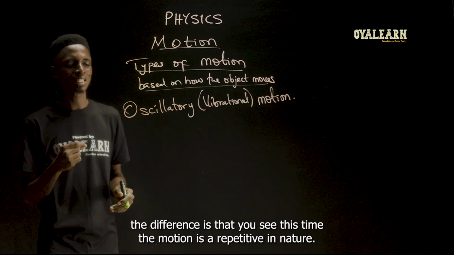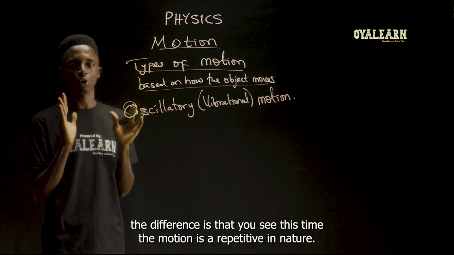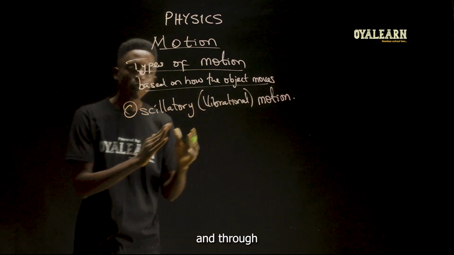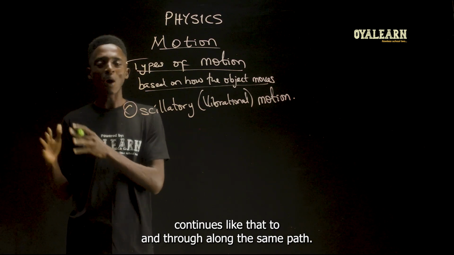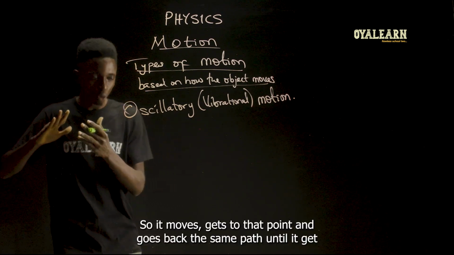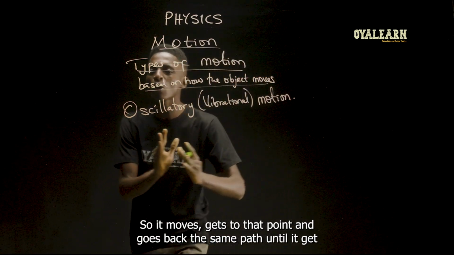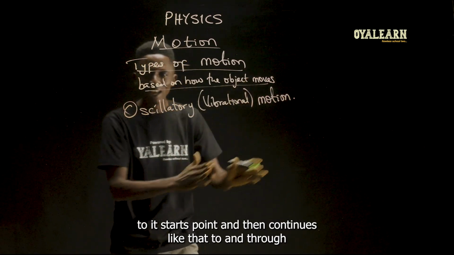The difference is that this time, the motion is repetitive in nature. That is, it continues. It goes to and fro, continues like that, to and fro, along the same path. So it moves, gets to that point, and goes back the same path until it gets to the start point, and then continues like that to and fro.